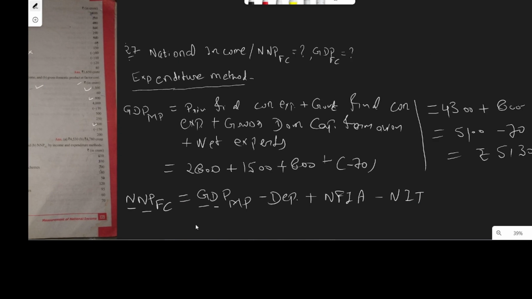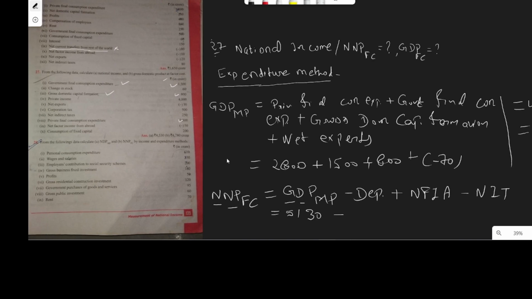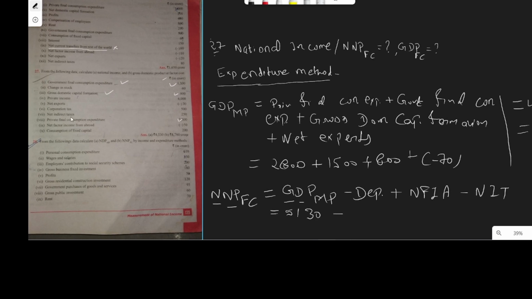Okay, GDP MP we have calculated as 5030. Now minus depreciation plus NFI. Depreciation or consumption of fixed capital is 200. Net factor income from abroad, that is minus 50.